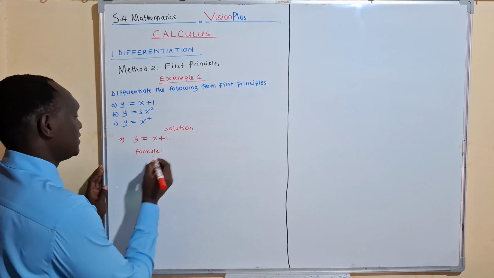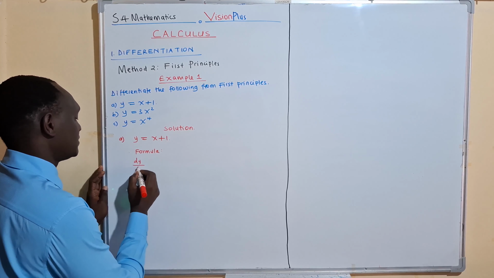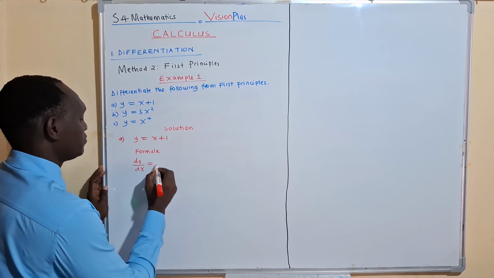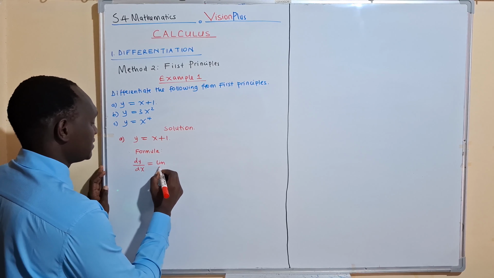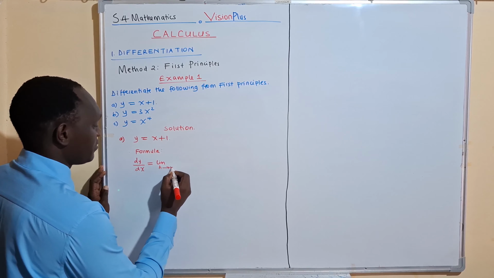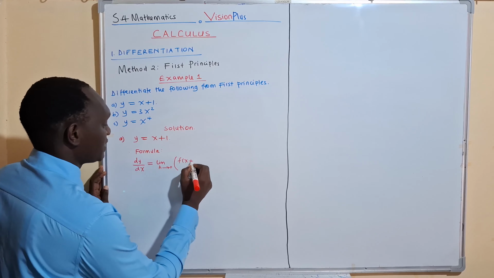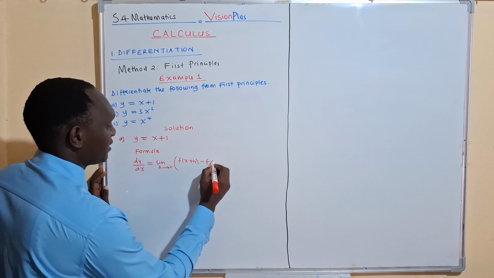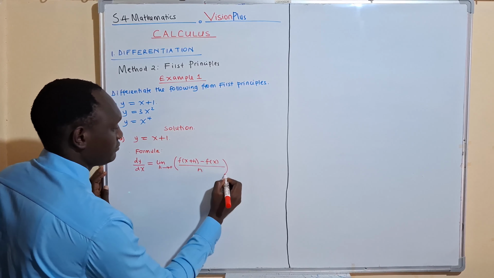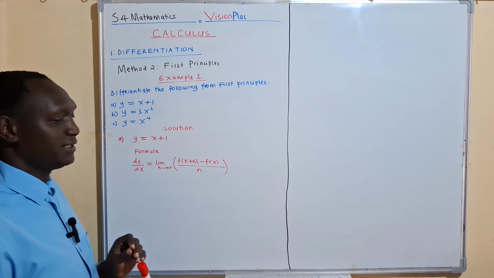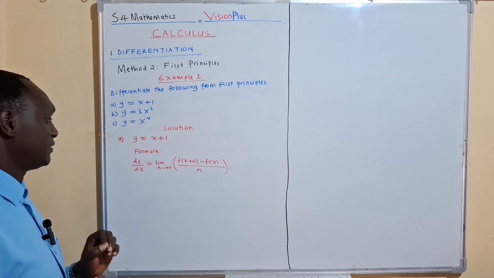Now the formula says that dy dx equals the limit as h tends to 0 for the function f of x plus h minus the function f of x, divided by h. This is the formula that we use when we are dealing with first principles.